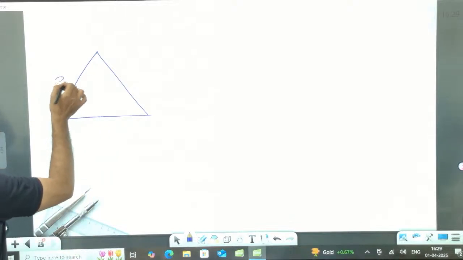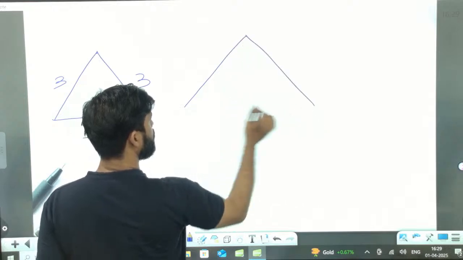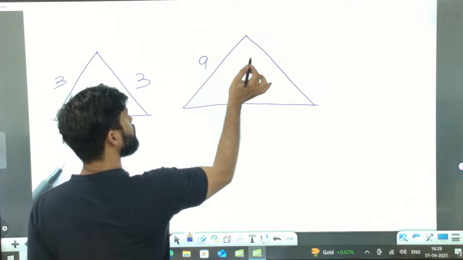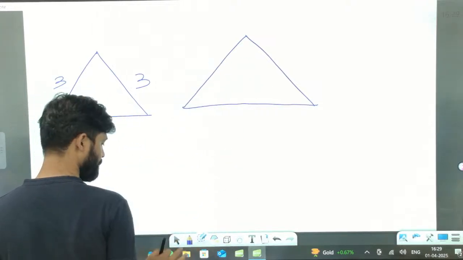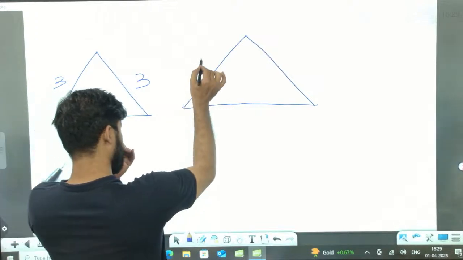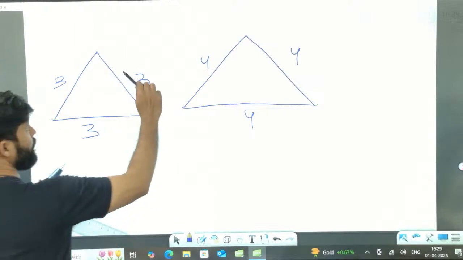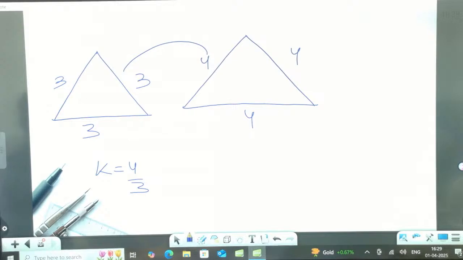So this is like 3, 3 and 3, and I'm taking it, or if you don't want to take the multiple, don't take multiple. Let it be 4, 4 and 4. So what will be the K factor here? K factor is 4 by 3.